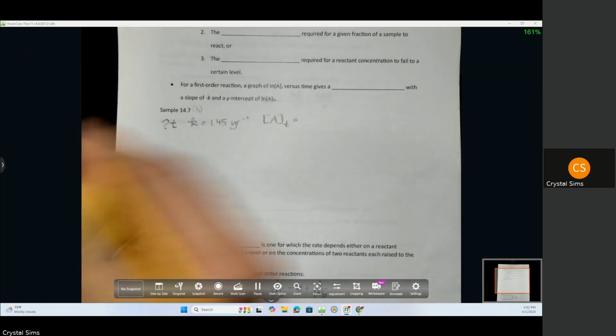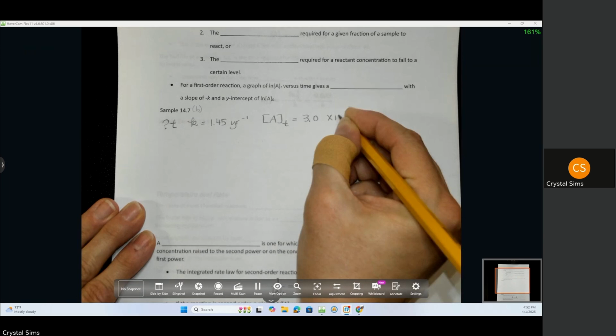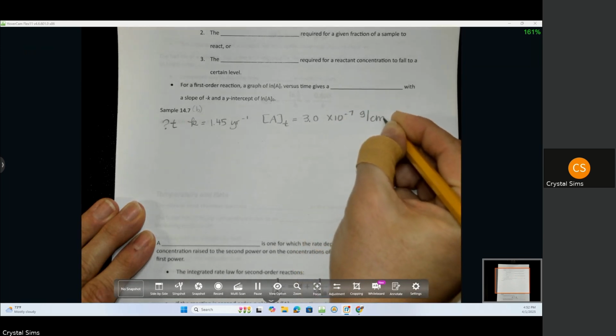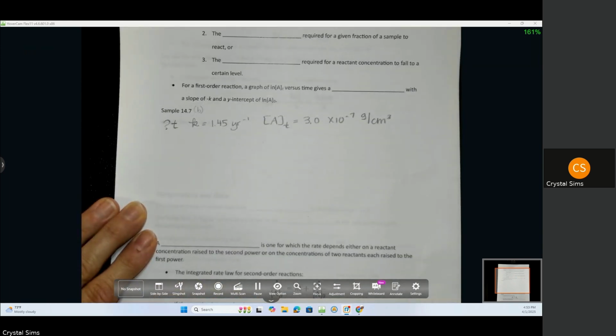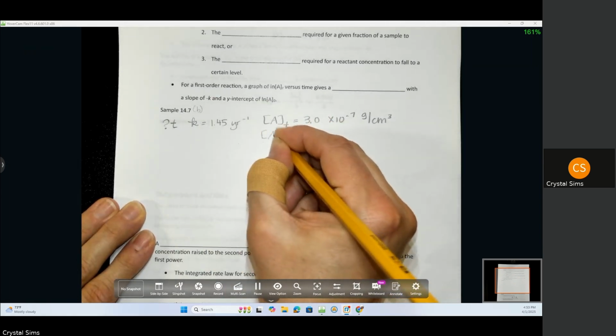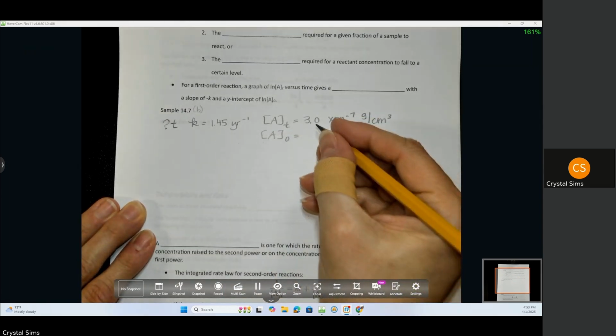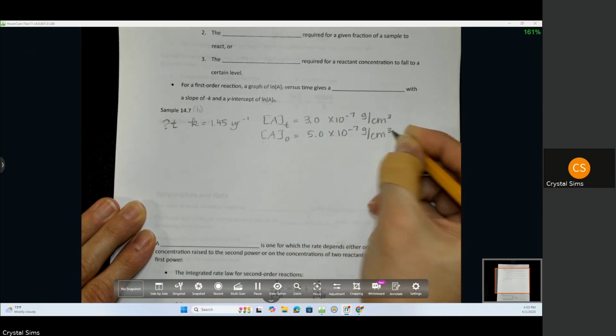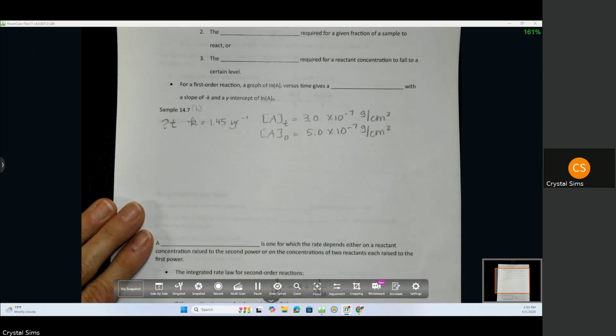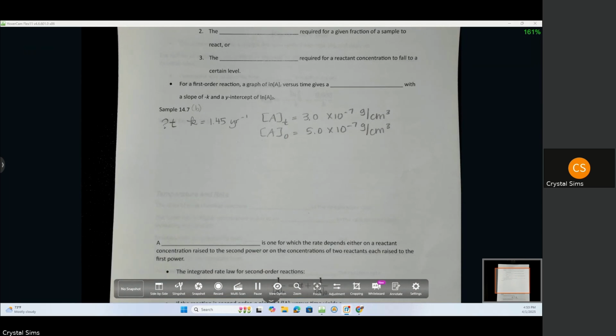They tell us that that is 3.0 times 10 to the negative 7 grams per cubic centimeter. And we already know from the information given to us that our initial concentration was 5.0 times 10 to the negative 7 grams per cubic centimeter. So we have 3 of the 4 pieces of information that we need. We have our initial concentration, we have our concentration at a particular point in time, we have K, our rate constant, and we're going to solve for T.